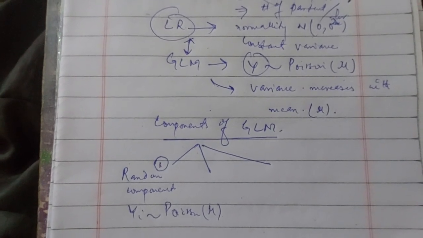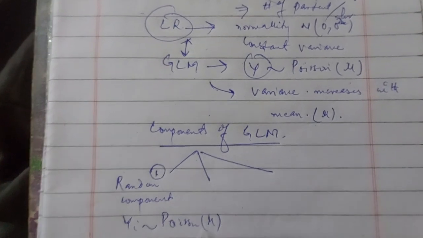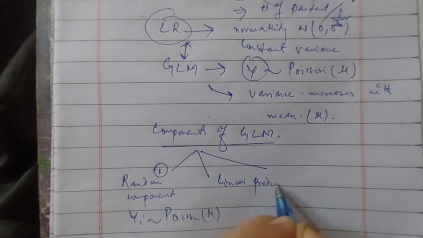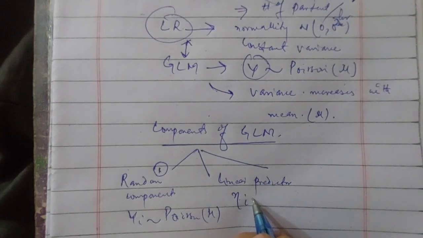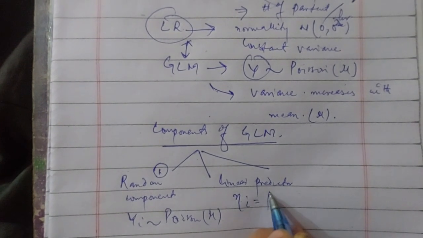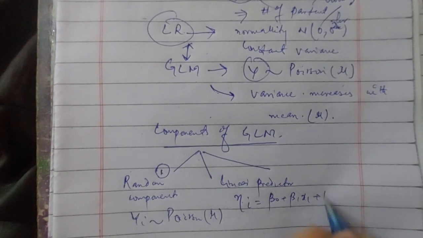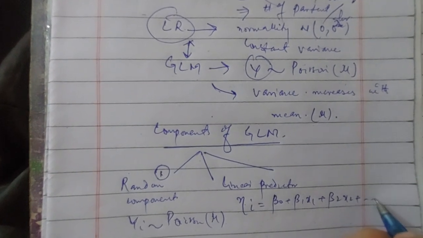The second is the systematic component, or we call it the linear predictor. It is equal to beta naught plus beta 1 x1 plus beta 2 x2, and so on.